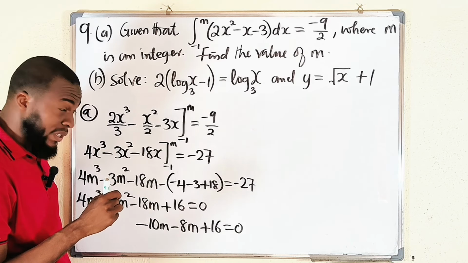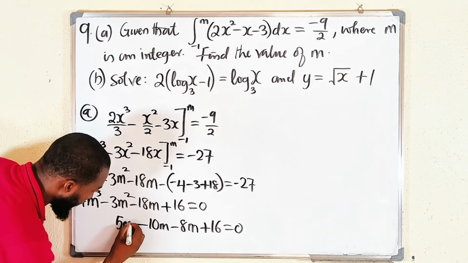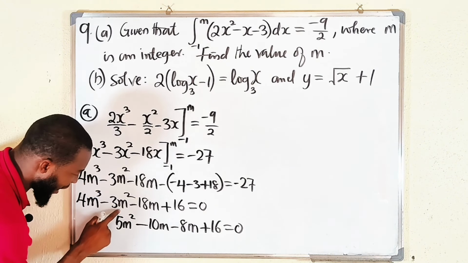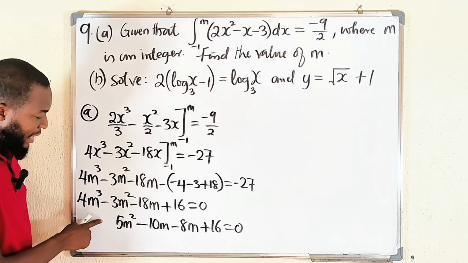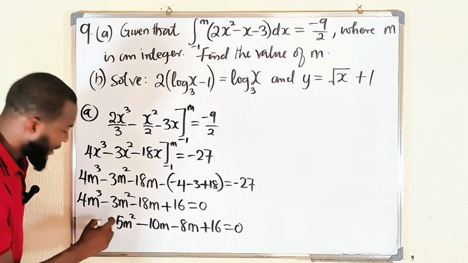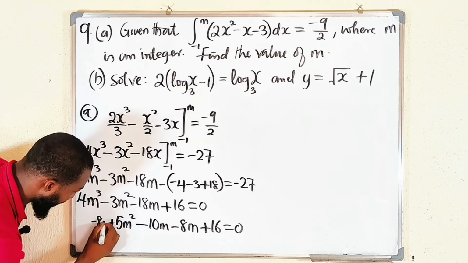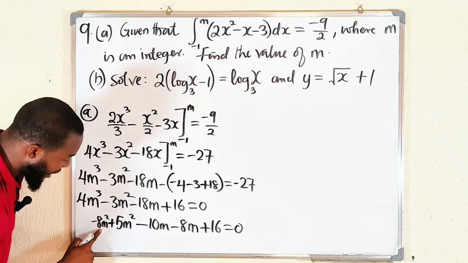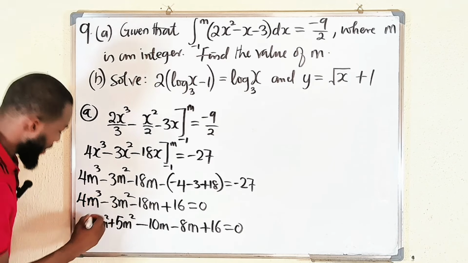That would be +5. So +5m squared from here. So what do we need to attach here to make it -3? That is -8. So if I have -8m squared here, -8m squared plus 5m squared will give us -3m squared.